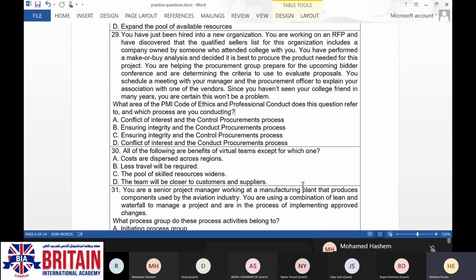Why? Because it's easier to contact them. They are there. They understand all the policies and the environment of that country. So at this moment, D is not the wrong answer. But here we're saying the virtual teams, except.